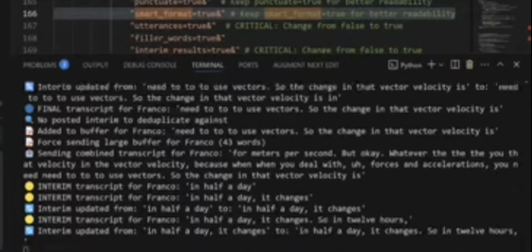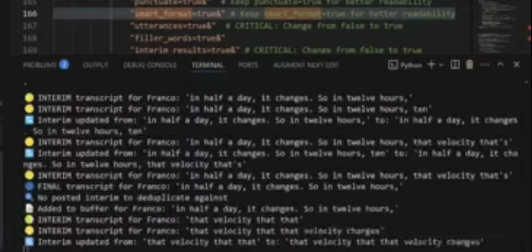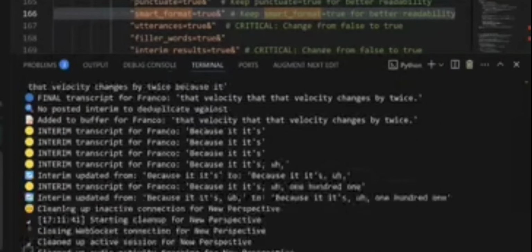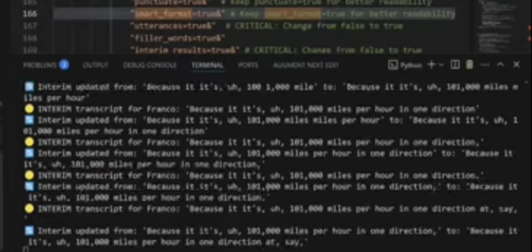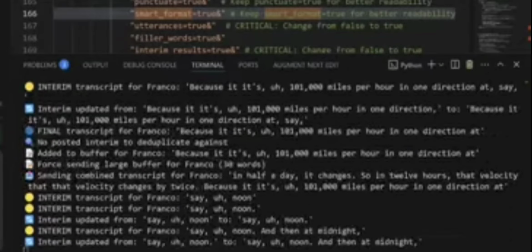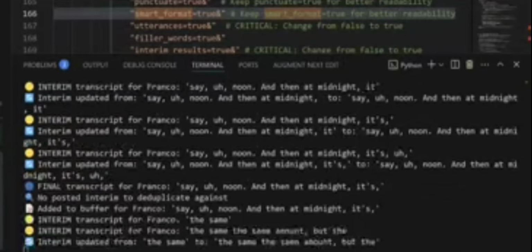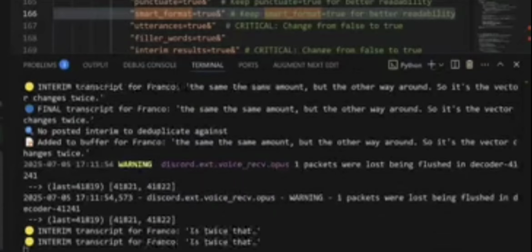In 12 hours, that velocity changes by twice, because it's 1,000 miles per hour in one direction at say noon, and then at midnight it's the same amount, but the other way around. So the vector change is twice that, and the person is standing perfectly still.